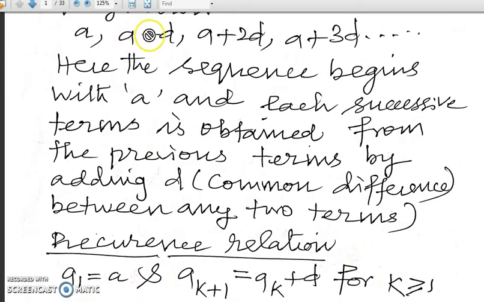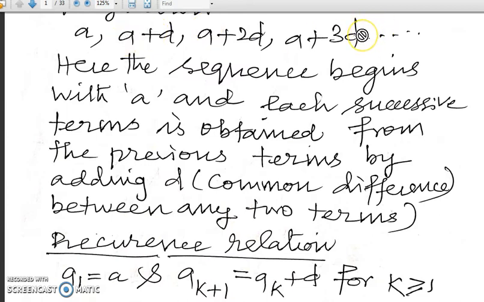We are getting the second term in the sequence. Now for k equals 2, we get a3, which equals a2 plus d. a2 is a, so a plus d plus d gives a plus 2d. Similarly for k equal to 4, 5, 6, dot dot dot, we will get a plus 3d, a plus 4d, like that. So this is the relation which makes this sequence.